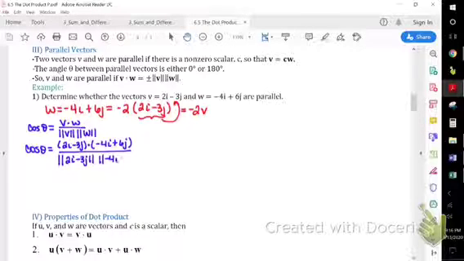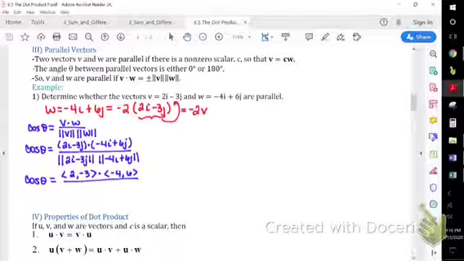I'm going to work through this slowly. I'll write the top using the vector components: v has components 2, negative 3, dotted with w's components negative 4, 6.